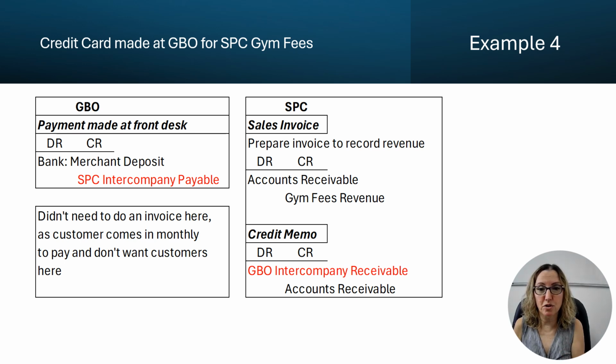If you're able to do both yourself, obviously do these at the same time so you don't do GBO side and forget about SBC side. I'm going to get a little bit more into software in just a couple minutes here, but if you had the right software and you had a payment in GBO to intercompany, you might think, well, why can't it just give a notification to someone in SBC to do the actual intercompany? And that's what I'm going to talk about next.